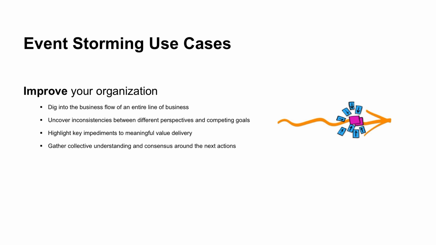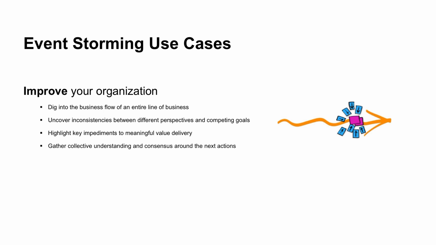So the first one is improving your organization. Maybe you have a value chain or a process line of some kind, and it maybe has a system or several systems that support it, and you want to optimize it. Then you can just gather the participants of that product line and do an event storming session in order to find the good and bad stuff basically. You can dig into the business flow and model basically the entire line.